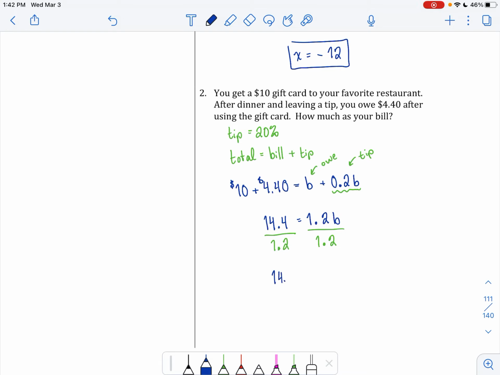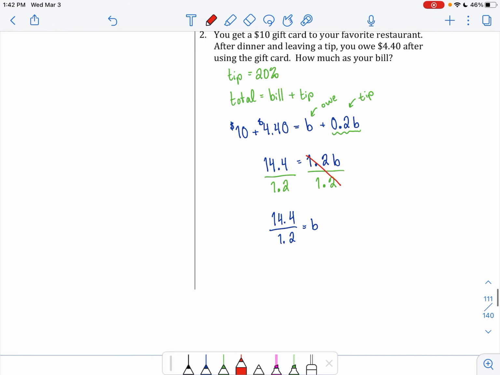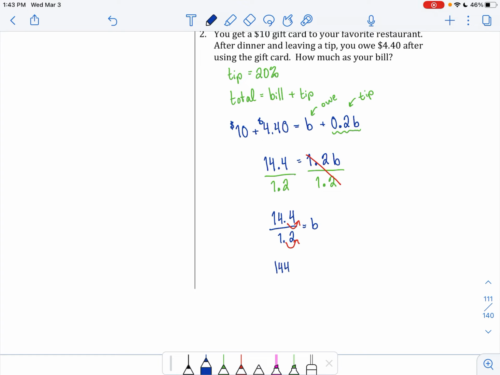And so I know the bill is 14.4 over 1.2. Now, obviously, most of you have a calculator available on your device, but I want to remind you of the nice trick here. It's a fraction, so I can move the decimal point, multiply both sides by 10. So it's 144 over 12, which means that the bill is $12.